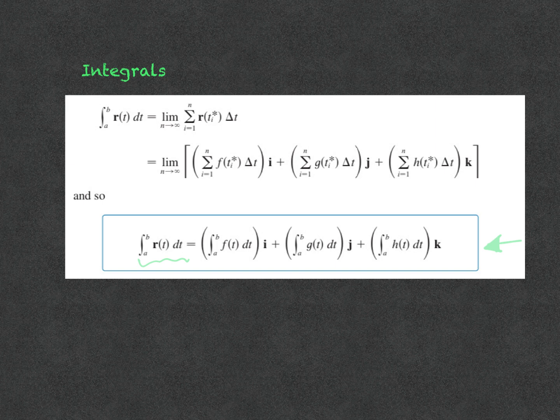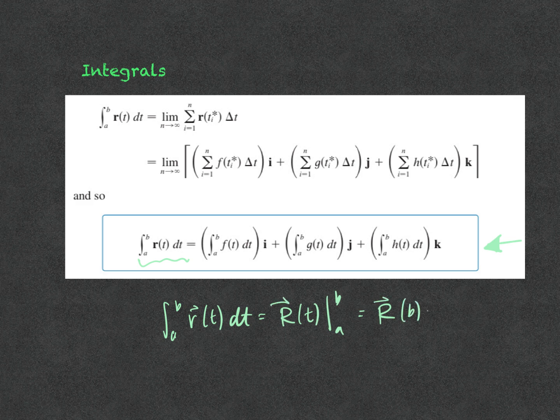Now we could also say that the integral from a to b of r of t dt, remember it has to be with respect to something, don't leave that off, is equal to some vector function, like we use the capital F, from a to b. So this means we can find the vector R of b minus the vector R of a. We can evaluate the definite integral just like we did before.